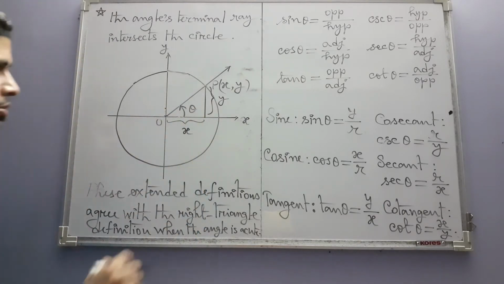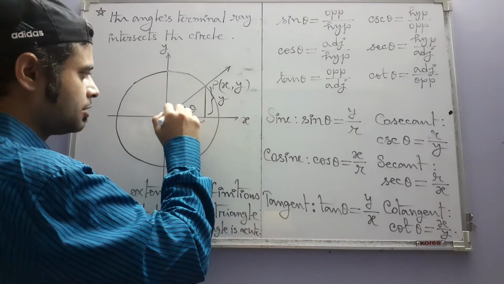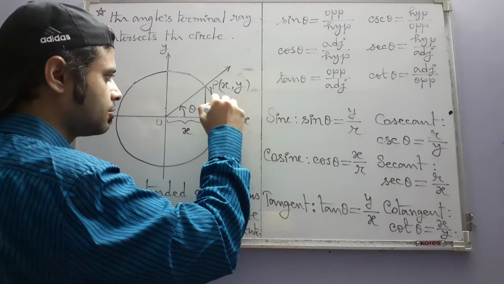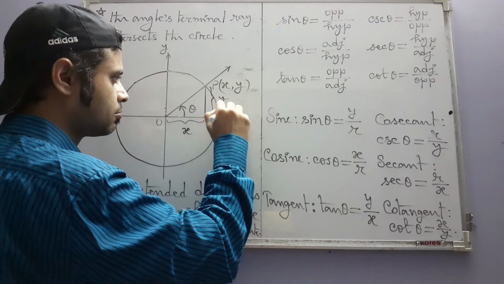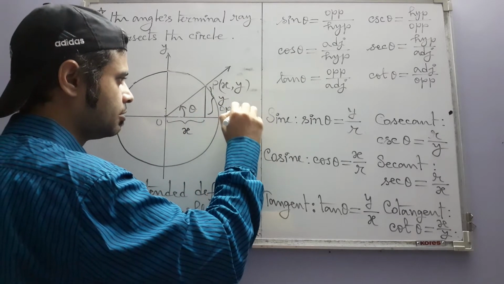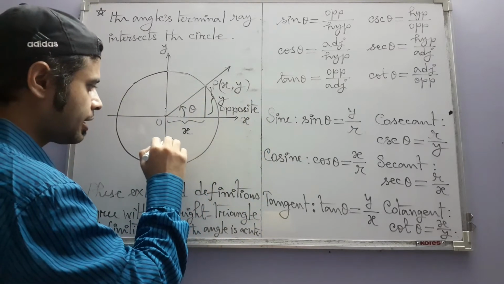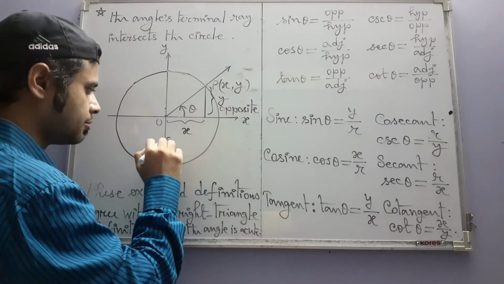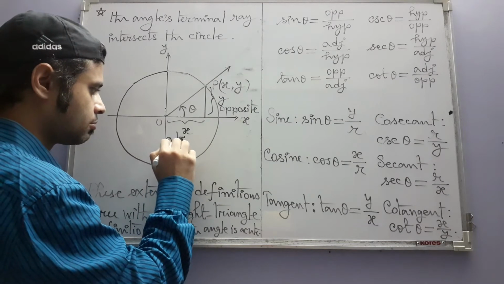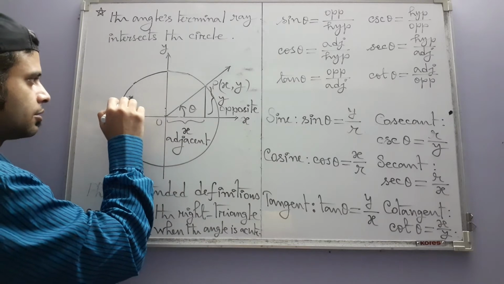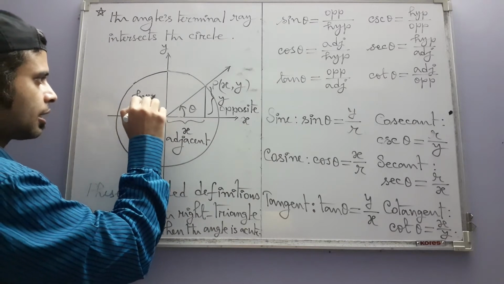So that means this side, with respect to this theta, becomes your opposite side of this triangle, and this side becomes adjacent, and this of course is your hypotenuse.